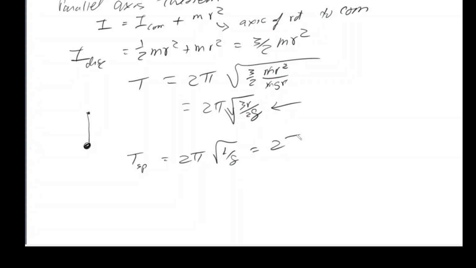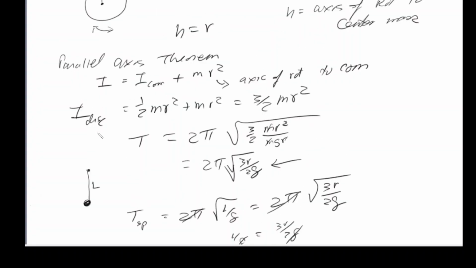So that's equal to 2 pi the square root of 3r over 2g. Those cancel out. We get L over g is equal to 3r over 2g. These cancel out, and we get L is equal to 3/2 r. So that would be the length of a simple pendulum that would be equivalent to the disk in the system.